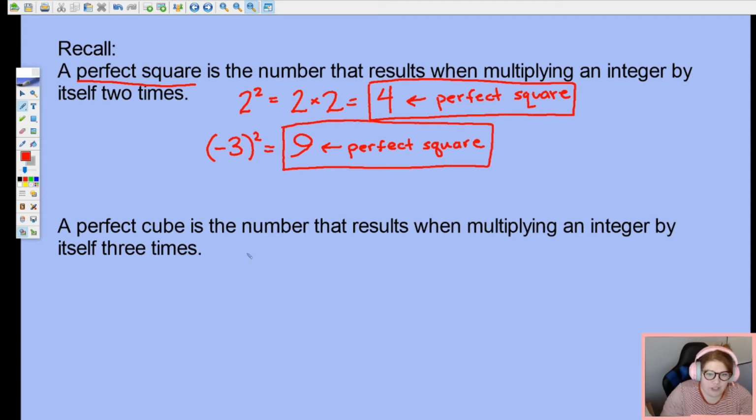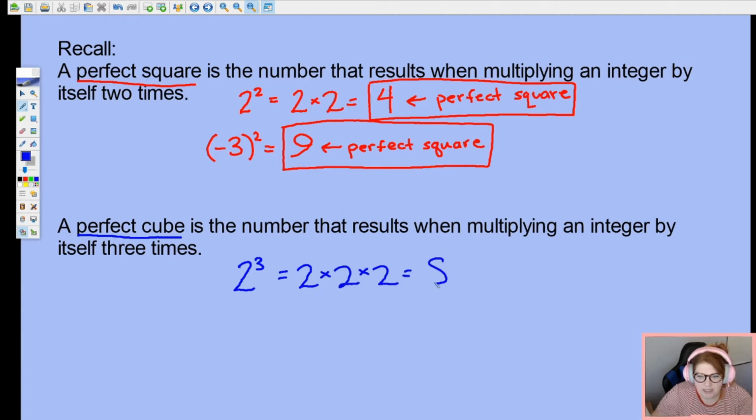Remember that a perfect cube is the number that results when we multiply a number by itself 3 times. So in this case, 2 cubed is the same thing as 2 times 2 times 2, which is 8. So 8 is a perfect cube.